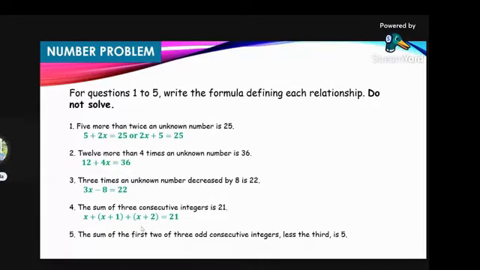Okay, next. Number 5. The sum of the first two of three odd consecutive integers less the third is 5. Again, the sum of the first two of three odd integers less the third is 5. We're referring to consecutive integers, but it is specific to be odd integers.